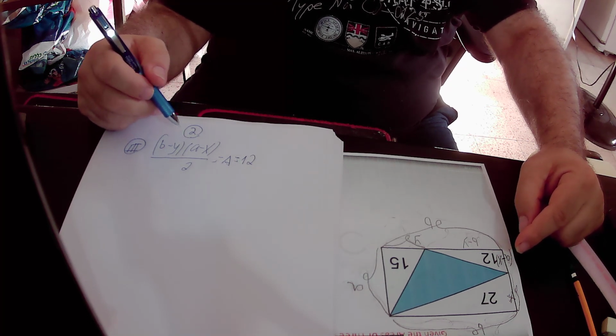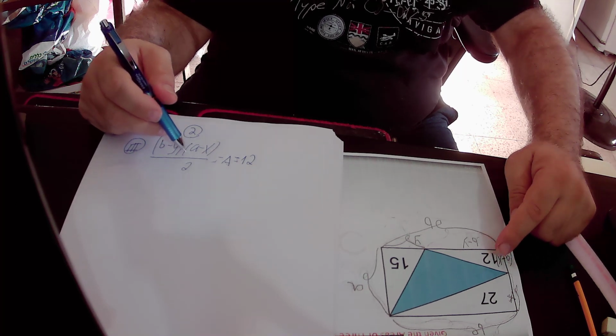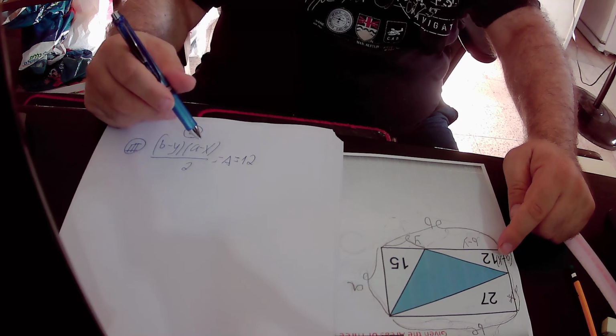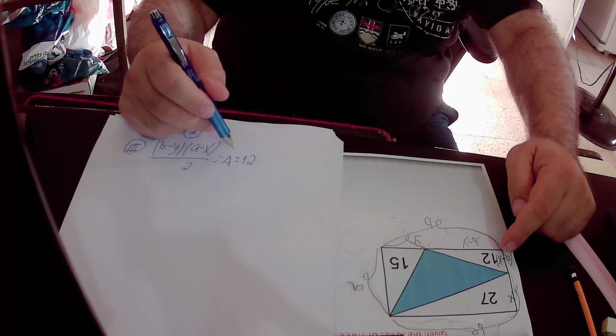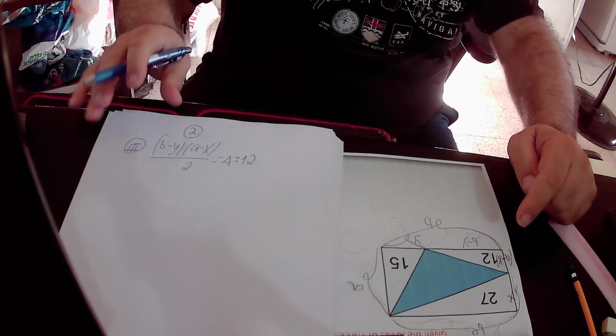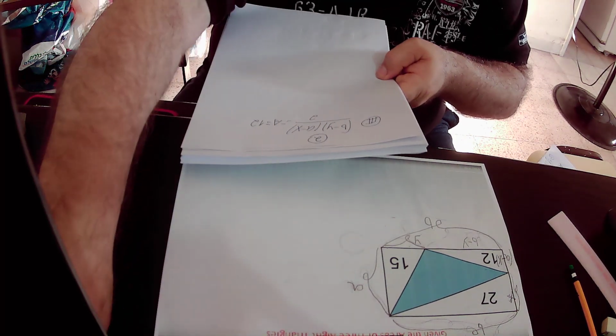So b minus y times a minus x divided by 2 equals a. That is the area of this triangle, but we do know that the area equals 12 units. So we can add that a equals 12. We can rewrite this equation.